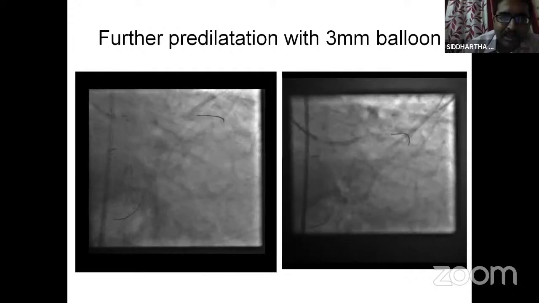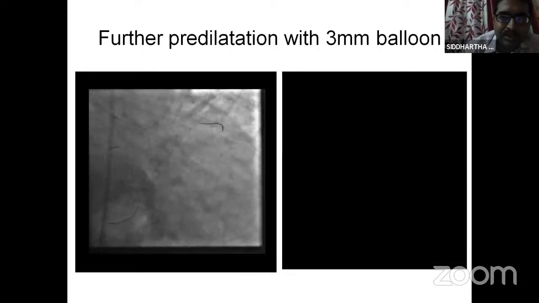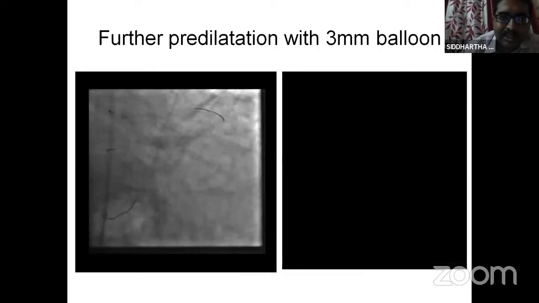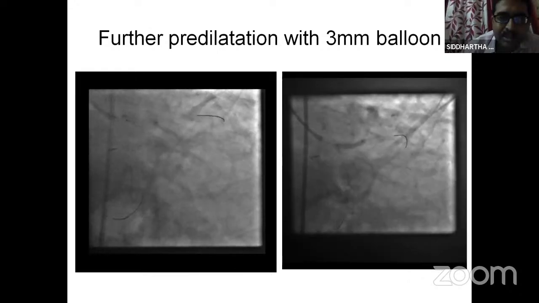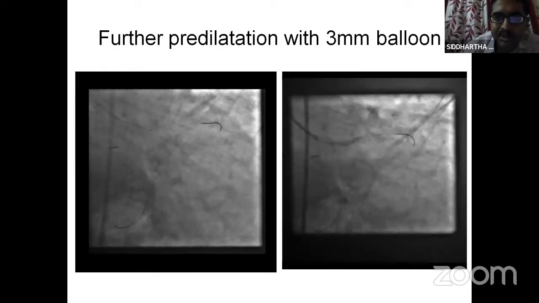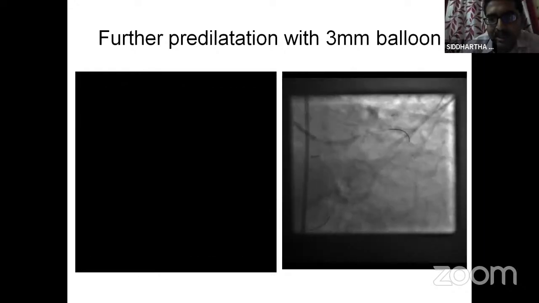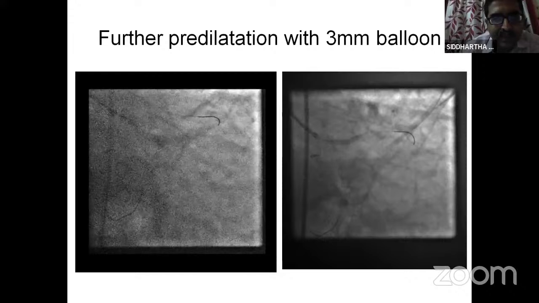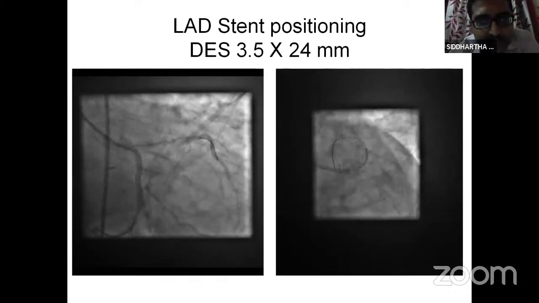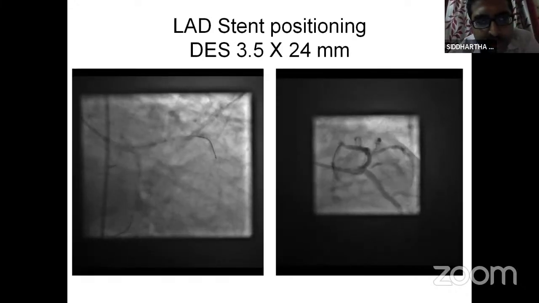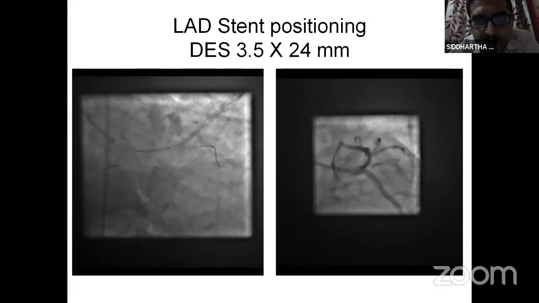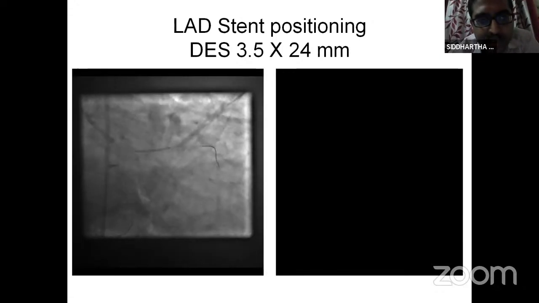The 2.5 millimeter dilatation was followed by a 3 millimeter dilatation in the ostial LAD extending up to the distal left main bifurcation. That would open the struts, create more area and make my stent movement easy into LAD. And then I took again a 3.5 millimeter, but now a shorter stent, 24 millimeter into 3.5, into the LAD.